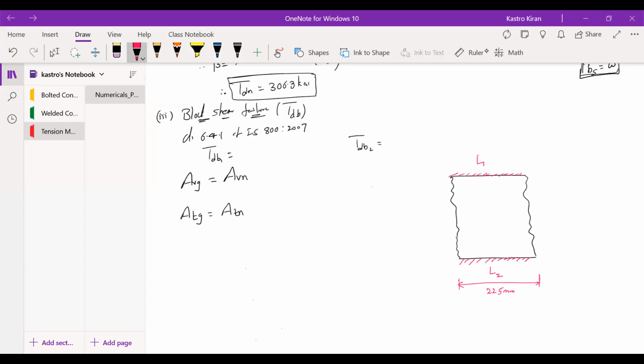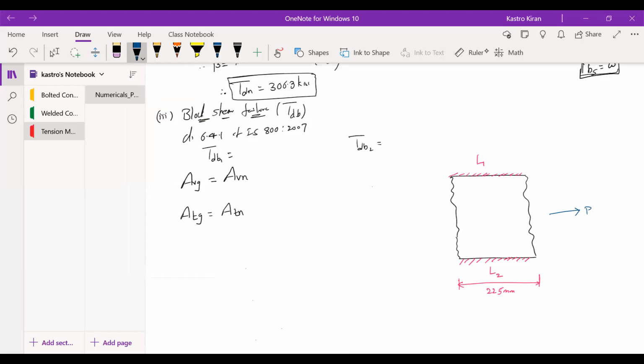This is the first case. And the second case here is, you can clearly identify, suppose I am applying a load P, or the tensile force P. The areas which are in shear are the top area and the bottom area.